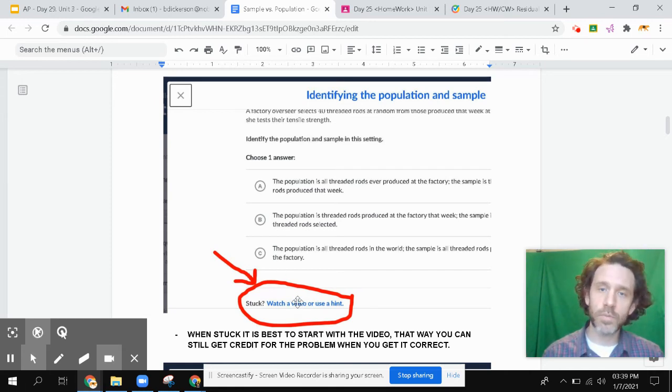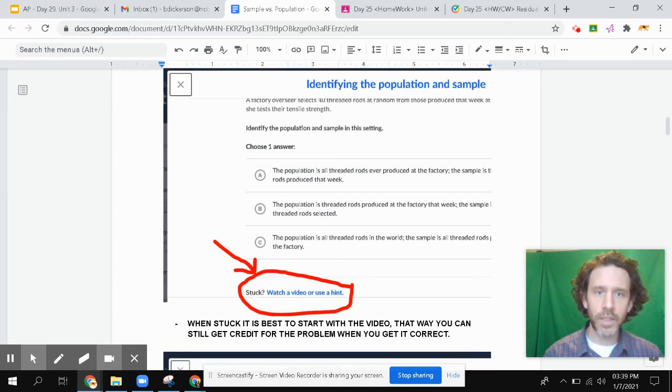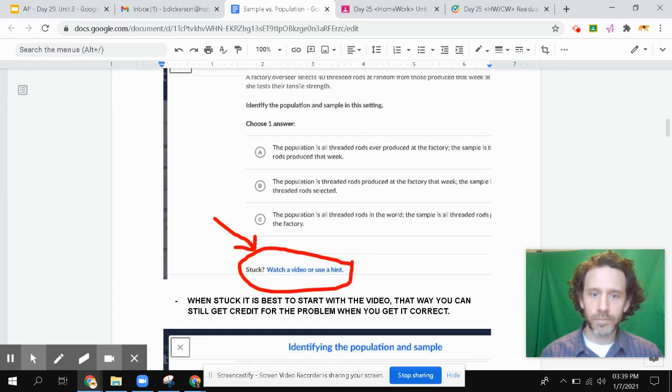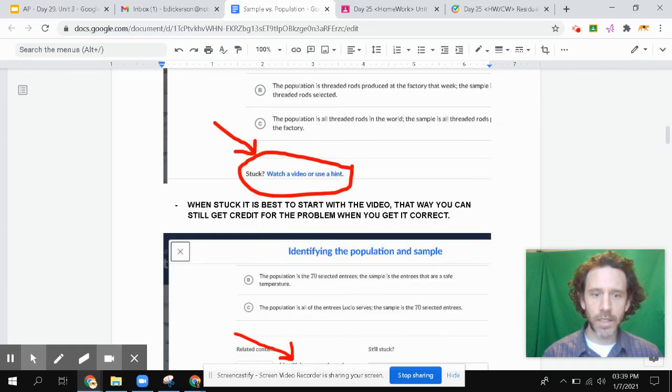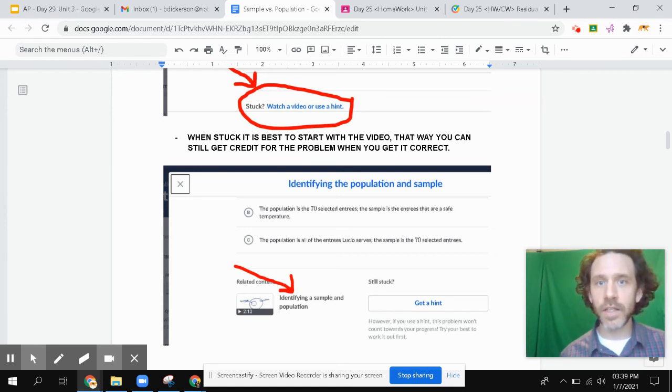It's not always there, so you might have to go back and look at some of the pre-videos that they have in the main menu. But that's there, so you can click on that and go through the video. In this case, it's not too long. Do that one first, because if you look at the video and it starts to click now, you still have an opportunity to get full points on that problem, all right?